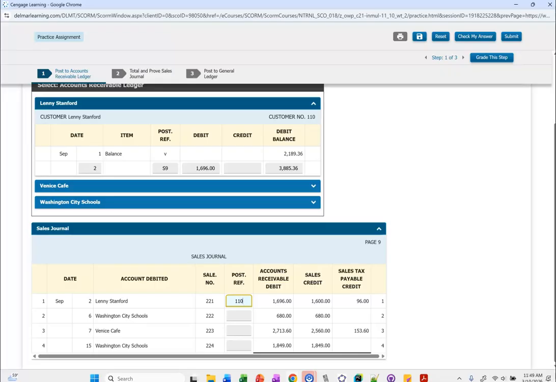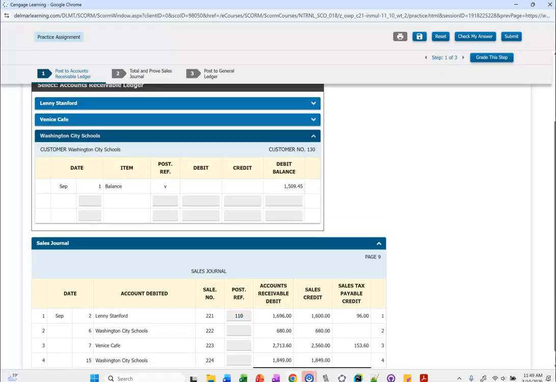Okay. Next, we're going to do the Washington City School. So I'll click on that account. So date, post reference, we're still on sales journal page 9. Our debit to Washington Schools is $680. And then I can update this, living dangerously.